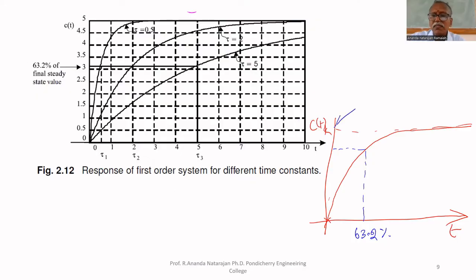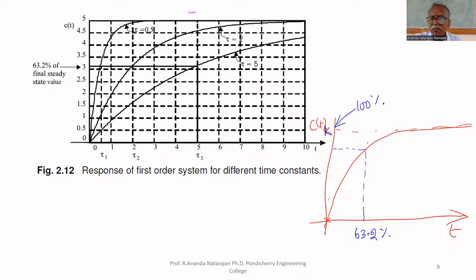This is 100%. What is 100%? K is the 100%. Finally, it reaches the K value, but initially it is 0. Gradually, it increases and finally reaches the K value.